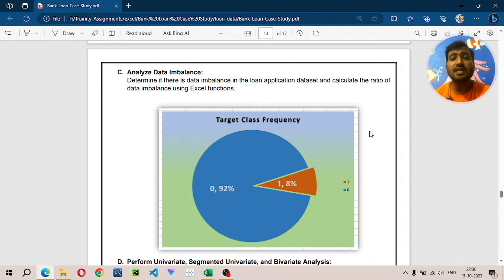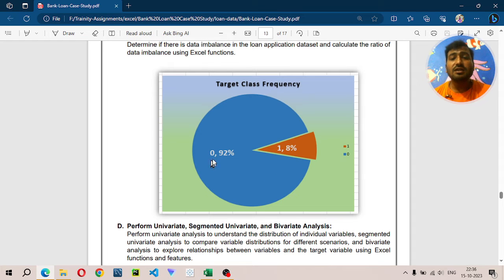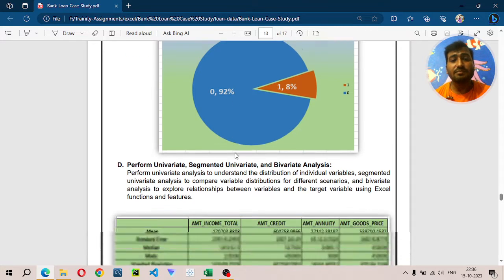After analyzing, we found that 8% of the applicants have problems with payment of the loan, but 92% of the applicants are paying the loan on time.